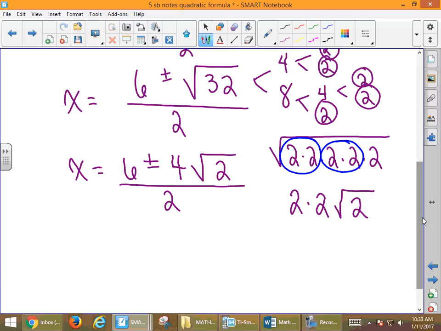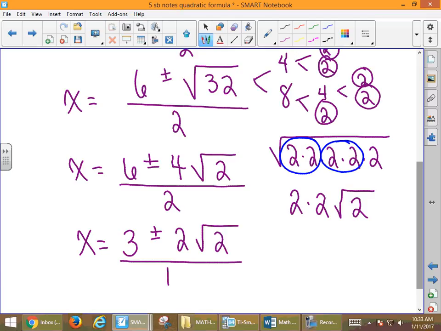In this case, they are all even numbers. We can finish this problem by dividing 6 by 2 to get 3. Divide 4 by 2 to get 2. Divide 2 by 2 to get 1.